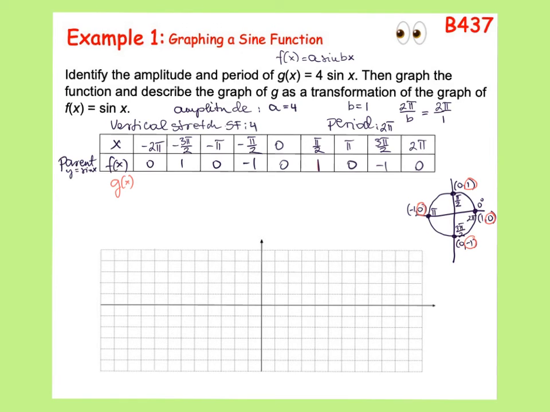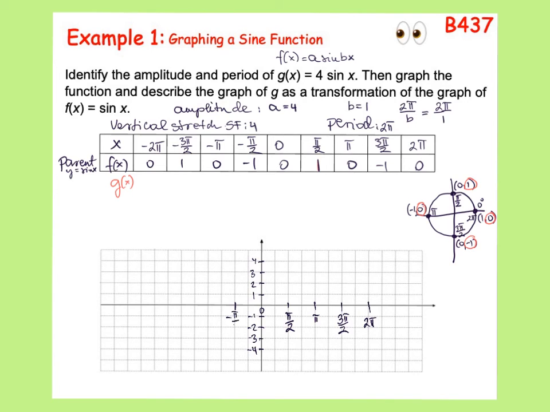I'm going to label my graph, or my coordinate plane. Here is our point, that is our 0, 0. Here is my 1, 2, 3, 4, and negative 1, negative 2, negative 3, and negative 4. 2 squares for me will represent pi over 2. So that's pi, 3 pi over 2, and 2 pi.